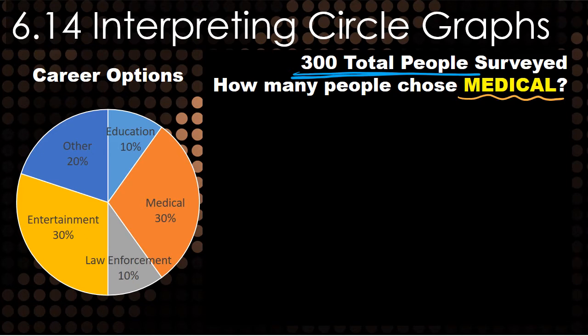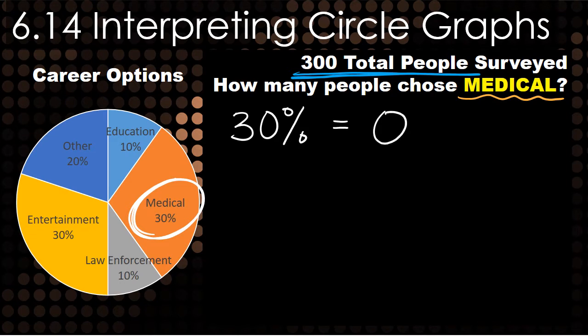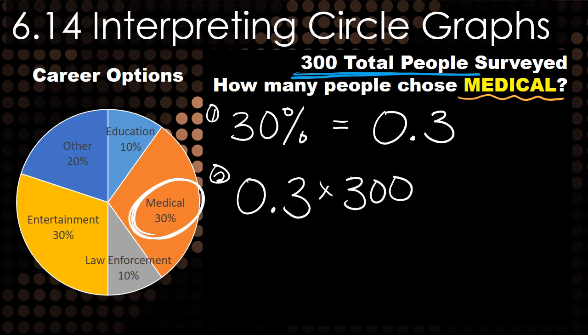We want to highlight medical. Medical is at 30%. So we need to change 30% into a decimal. We know that 30% is equal to 3/10 as a decimal. In step number two, we take the decimal and multiply it by the total number of people.